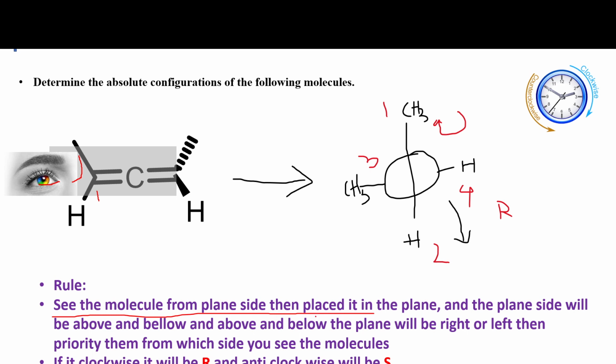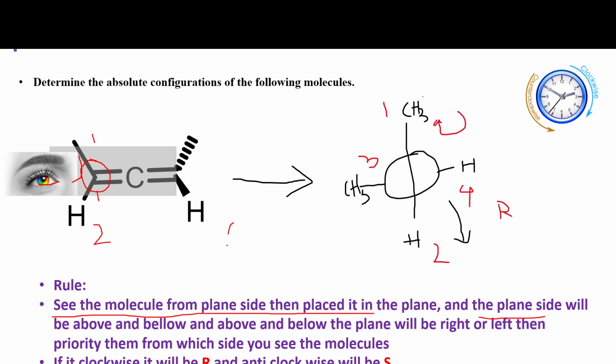See the molecule from the plane side, then place it in the plane, and the plane side will be above and below. If I show from this side, this will be above and below, and this will be highest priority. This will be 1, this will be 2. So this methyl will be 1.